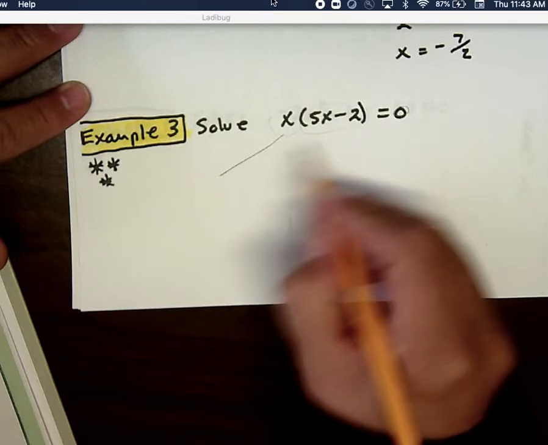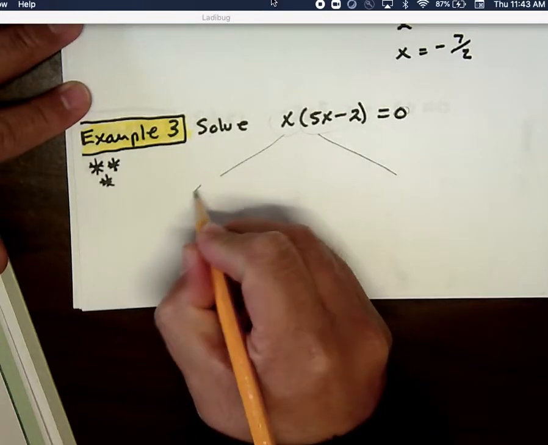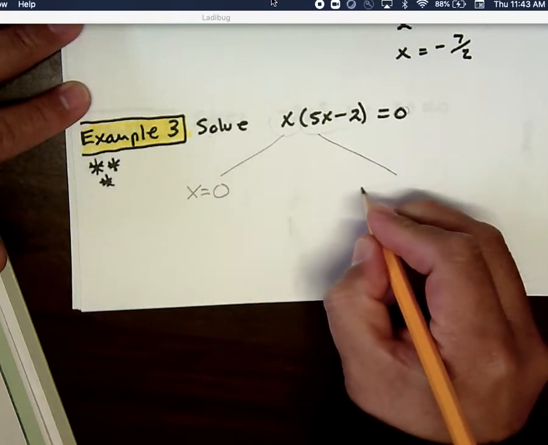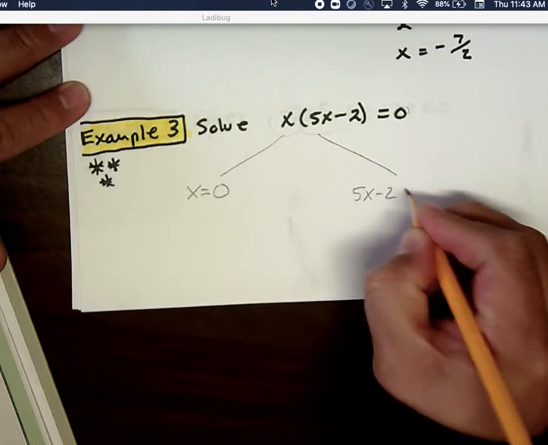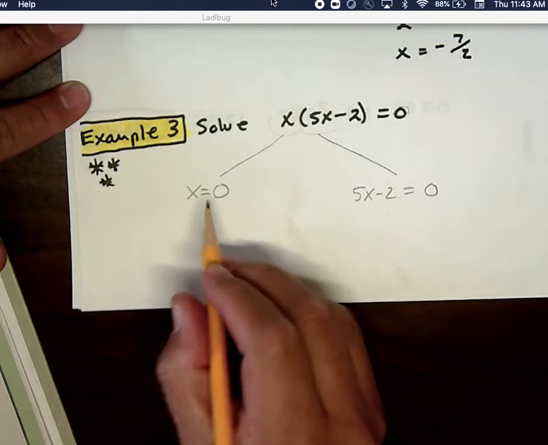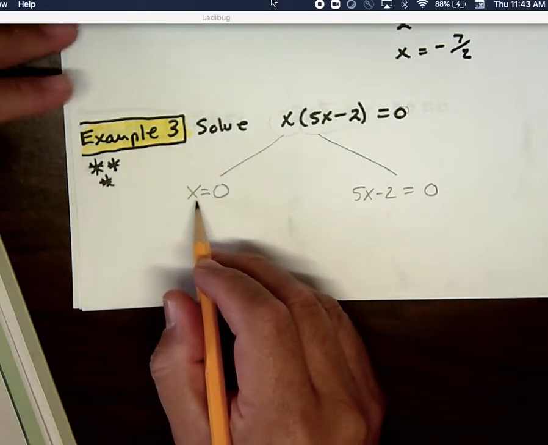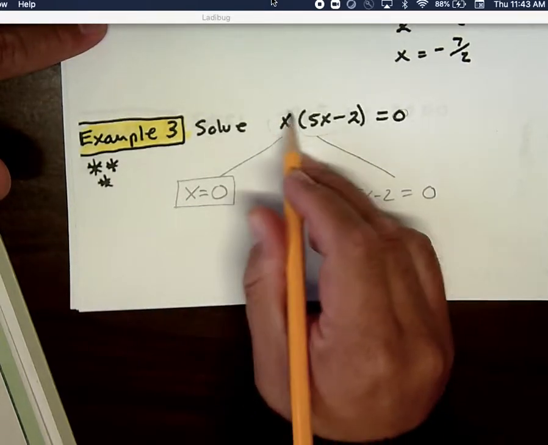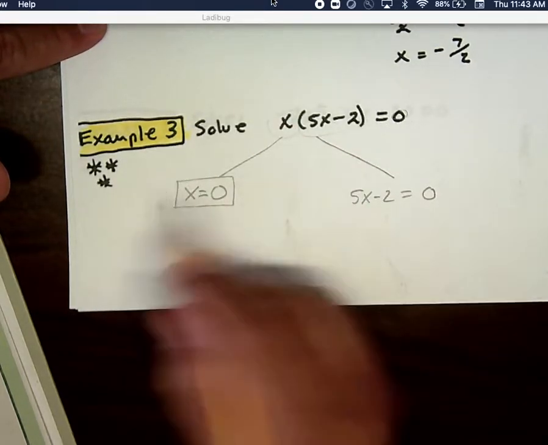Each of these factors you would have to equal it to 0, and then this one will equal also to 0. So this one is already solved for you, so you know one of the solutions would be x equals 0, right? X by itself equals 0, and that would be the solution.